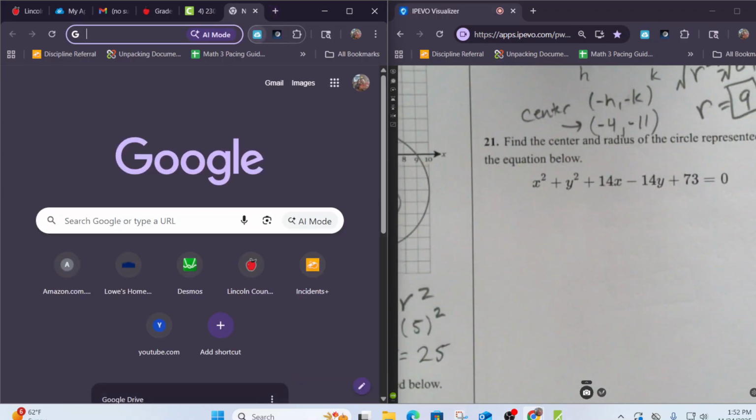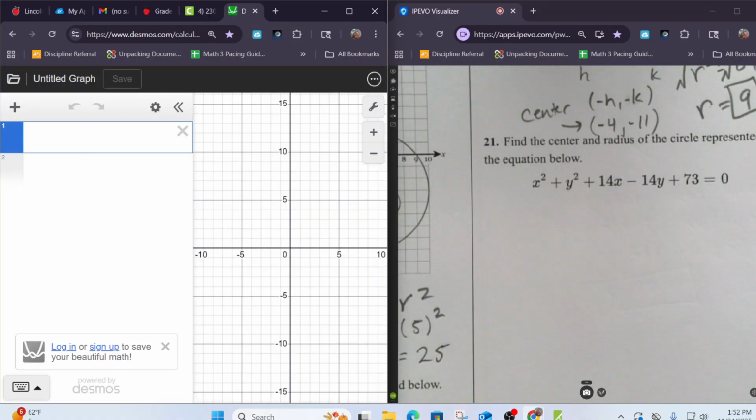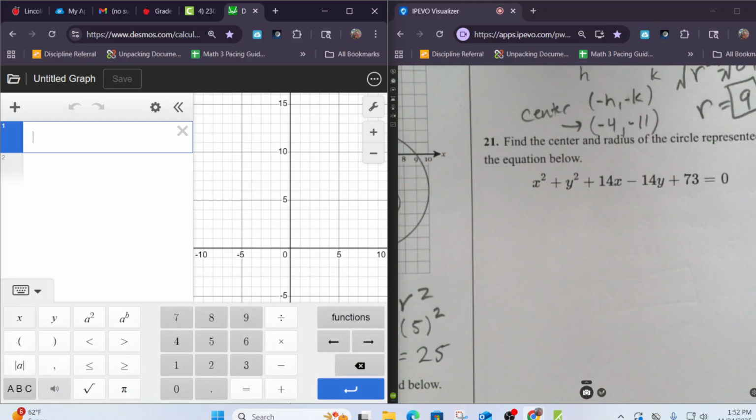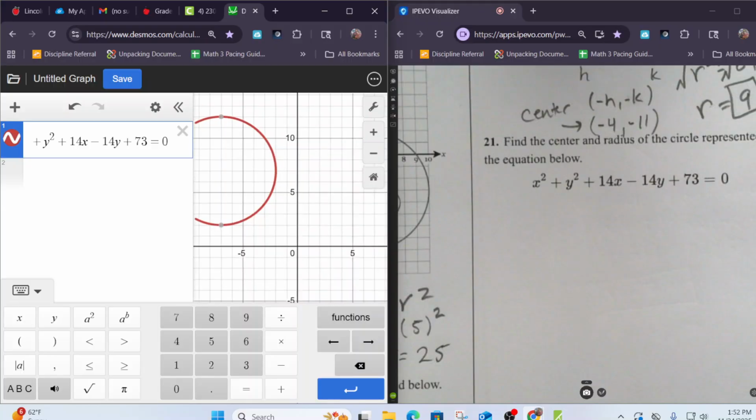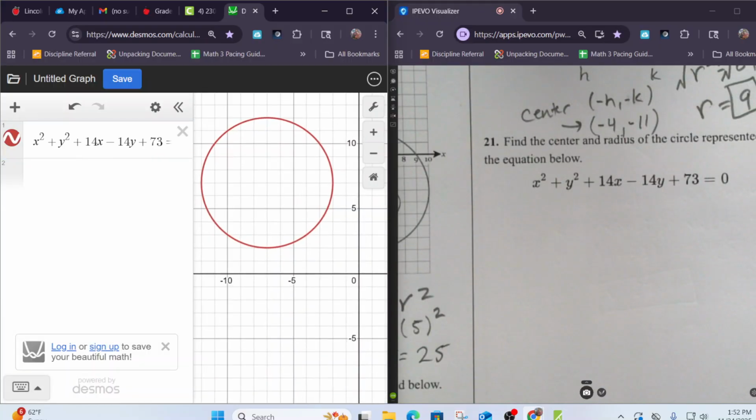All right, this is the general form of a circle. You're trying to find the radius and the center. So you're going to type the whole thing in one line of Desmos. This is actually the only one where you put the whole thing in Desmos. It looks like my center here is going to be negative 7, positive 7.